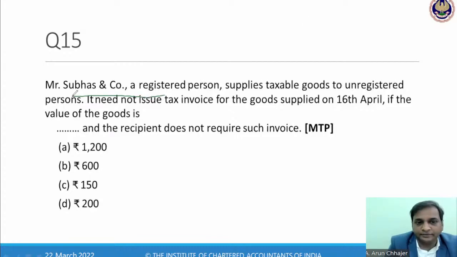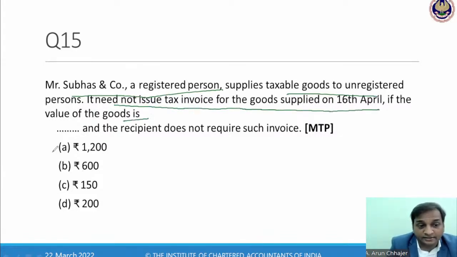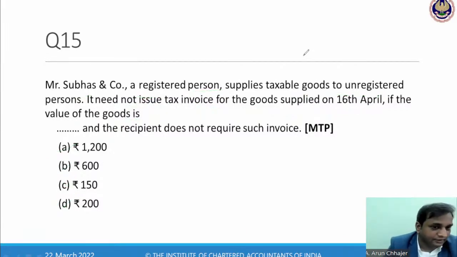Mr. Subhas and Company, a registered person supplying taxable goods to an unregistered person, need not issue a tax invoice for the goods supplied if the value of the goods is 1200, 600, 150 or 200. Give me the answer. Very important question.